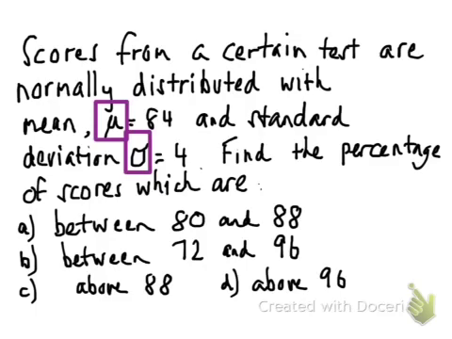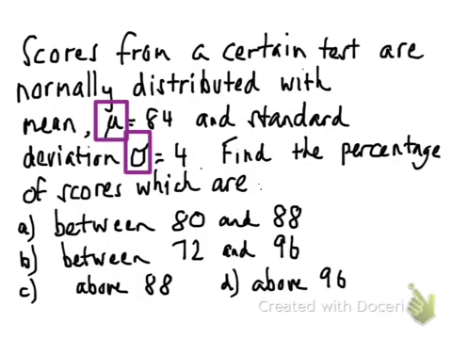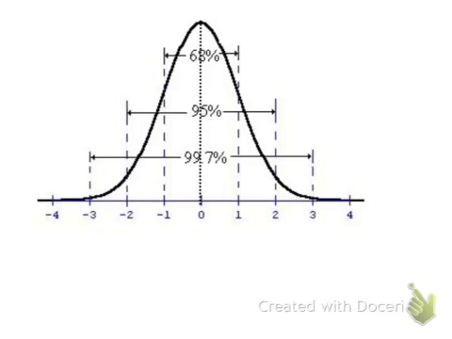All right, I'm not going to worry about the questions to start with. We're looking at the 84 and the 4. So what I'm going to do straight away is write that information on this normal distribution bell curve. As soon as I see the mean is 84, I put that in the middle.